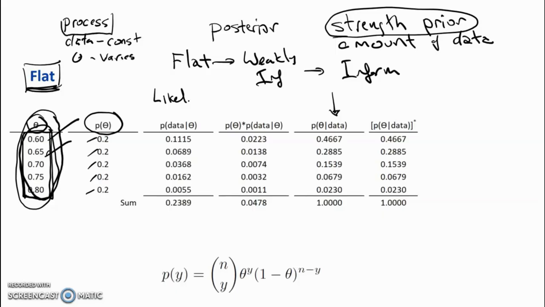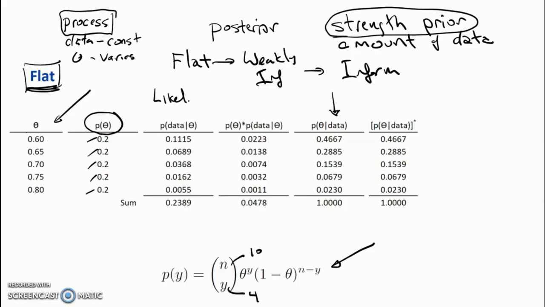So the process that gave rise to the data, the globe tossing experiment, meets all the criteria for a binomial process. There is the binomial distribution. The data will be kept constant at 4 successes in n trials, and then in succession, we will take each one of these values of theta, put them into the likelihood function, and evaluate the likelihood.